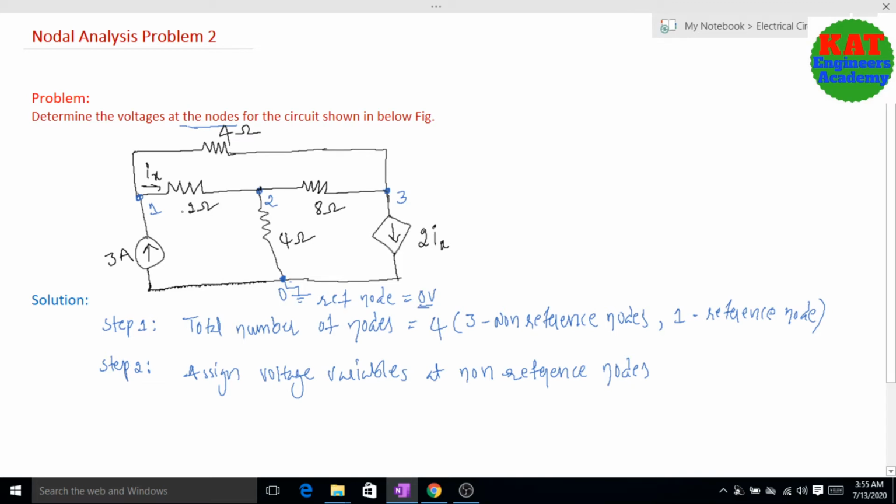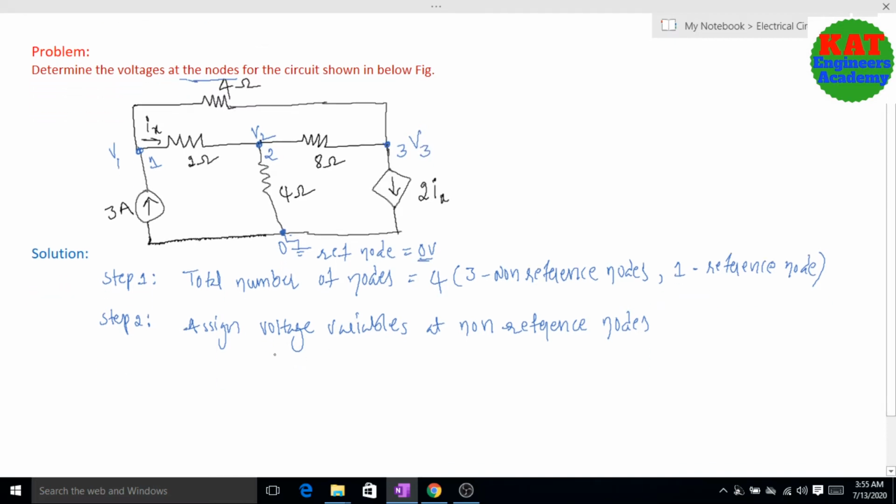So 1, 2, 3 are the non-reference nodes. Here consider this as voltage variable V1, this as voltage variable V2, and here the voltage variable is V3. So finally I consider the voltage variables as V1, V2 and V3. This is the second step.